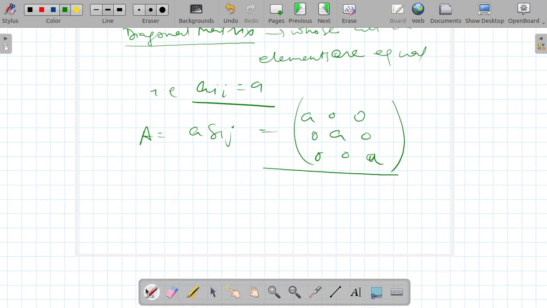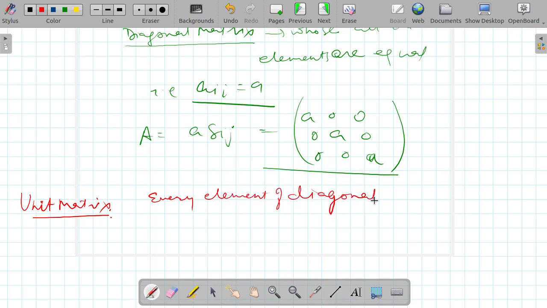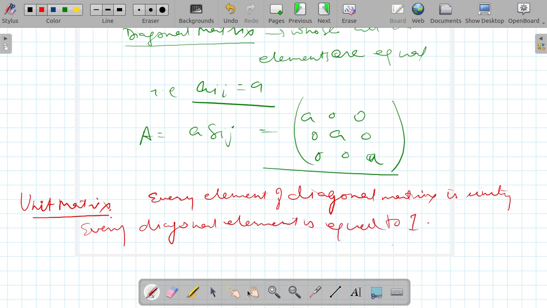Then let us define another matrix that is known as the unit matrix. If every element of the diagonal matrix is unity, or we can say that every diagonal element is equal to 1, then we can say that it is a unit matrix.